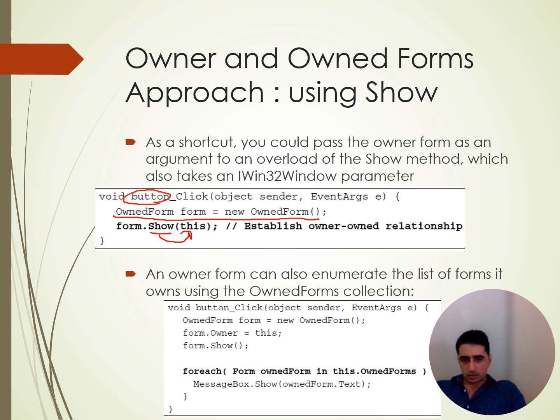Now, it is possible for a form to contain or to own multiple forms. So an owner form can have an enumerator over the list of forms that it owns.